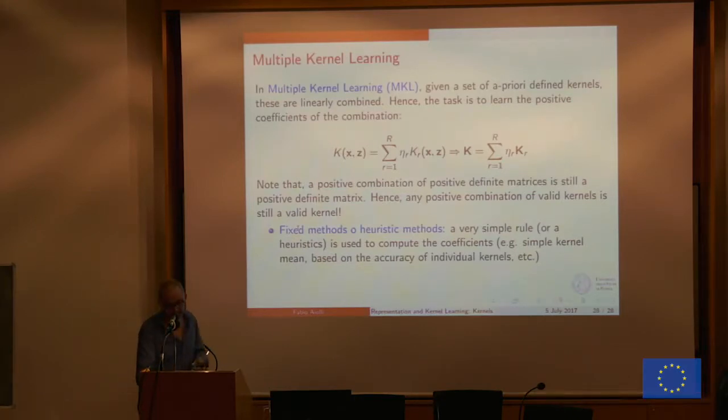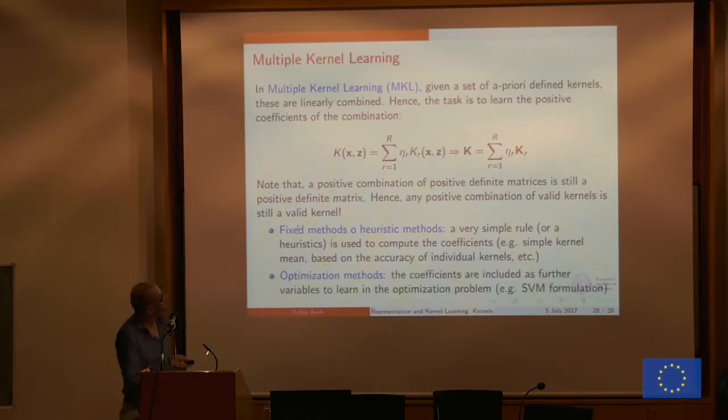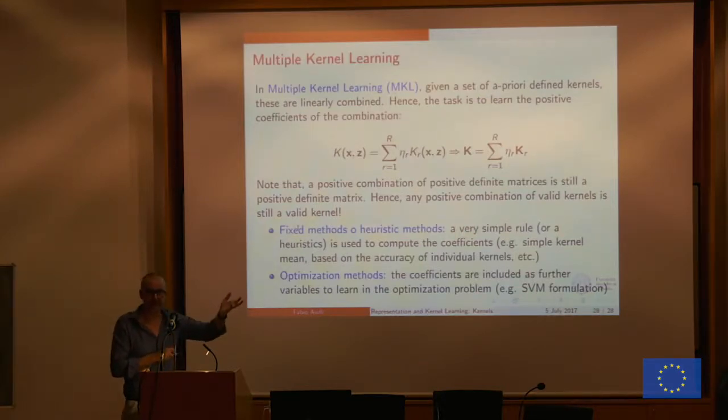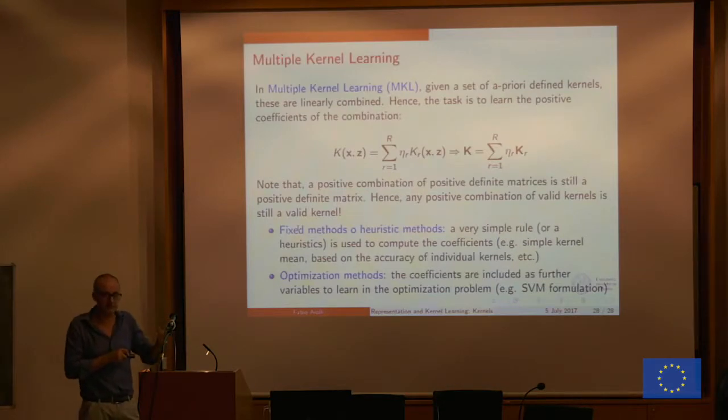There are many heuristics that can be used for setting the weights, the coefficients there. But there are also methods which plug the optimization of the coefficients eta into the formulation of the original problem, to the SVM, for example.